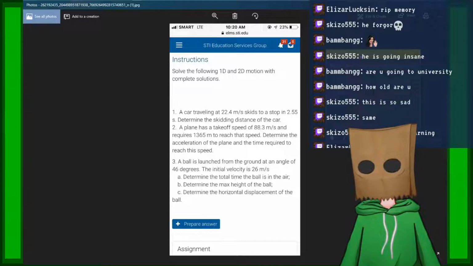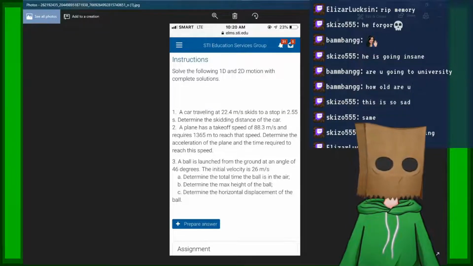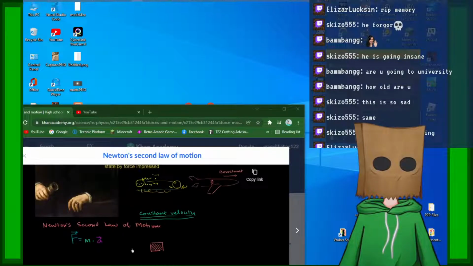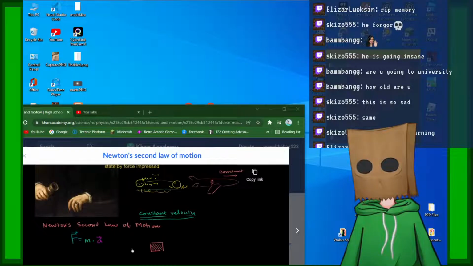This is what we need to learn, apparently. This is very basic physics, because this is the only thing I learned last year.